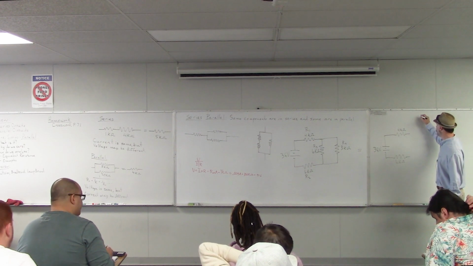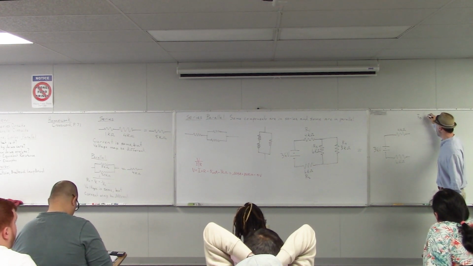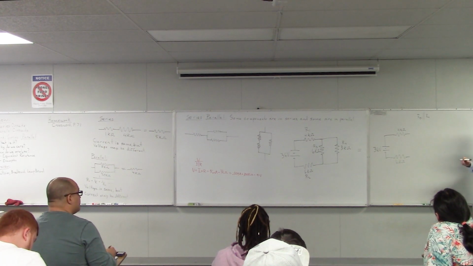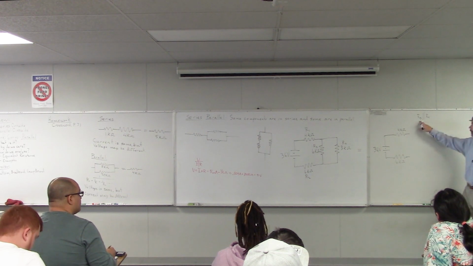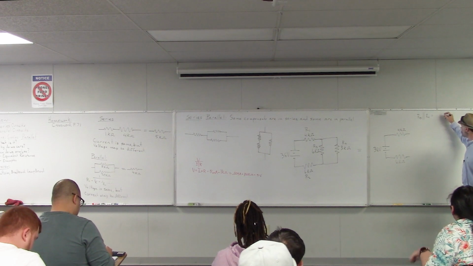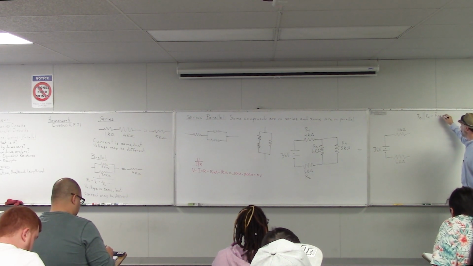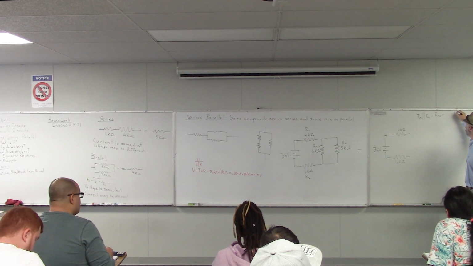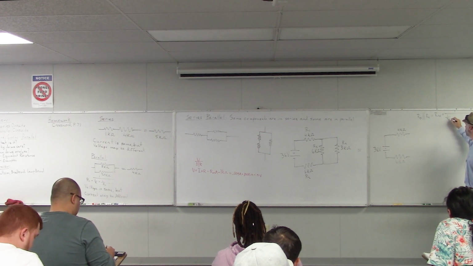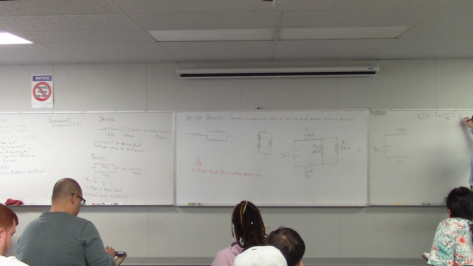So we could say that R3 in parallel with R4, these two little vertical lines mean in parallel, we'll call that resistance R34, and it equals 1 over, 1 over R3 plus 1 over R4.